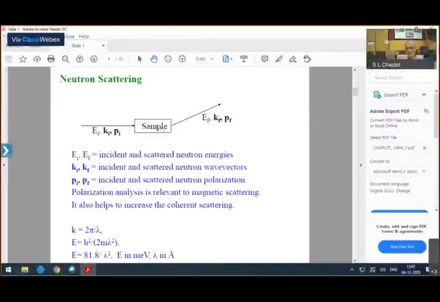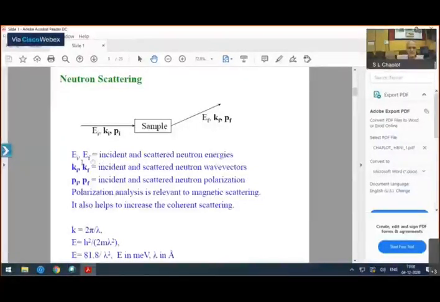In a given plane, the angle between the outgoing beam and the incident beam is what we normally know as 2 theta, that is, twice the Bragg angle in the case of diffraction. For the outgoing beam, we again have these numbers: the final energy, the final wave vector, and the final polarization state. Okay, so these are the symbols we are going to use.